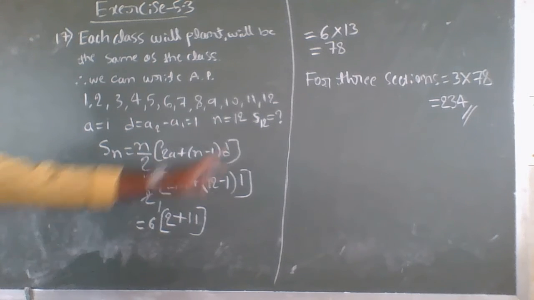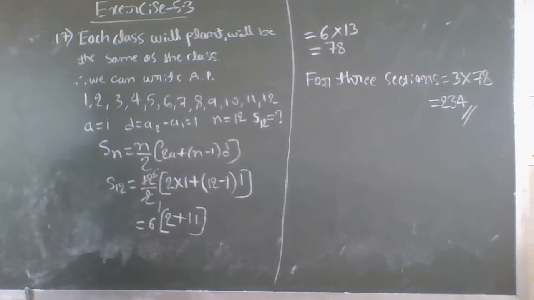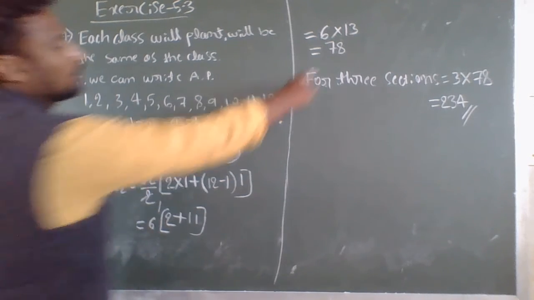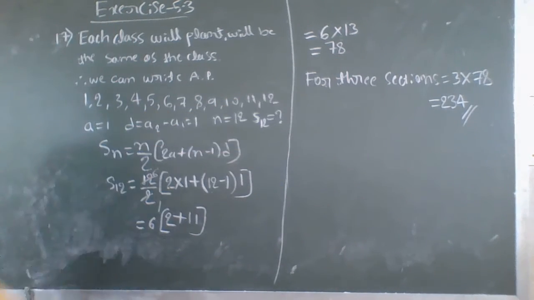First I will calculate the S12 value, because we will get the number of trees planted from class 1 to 12 for one section. So here we got the value 78 for one section, but there are 3 sections in each class. Therefore 3 into 78, the final answer is 234.